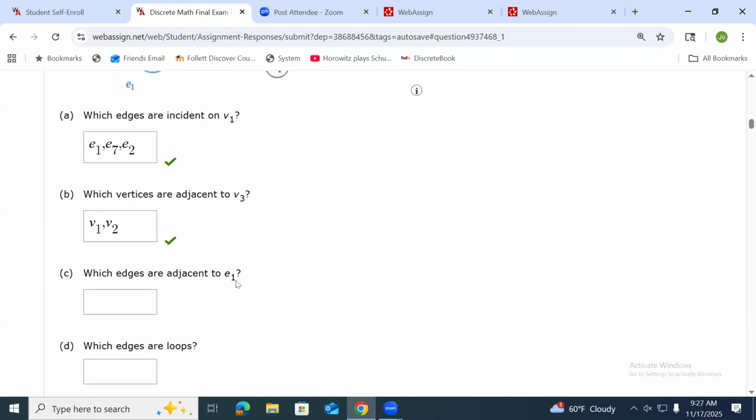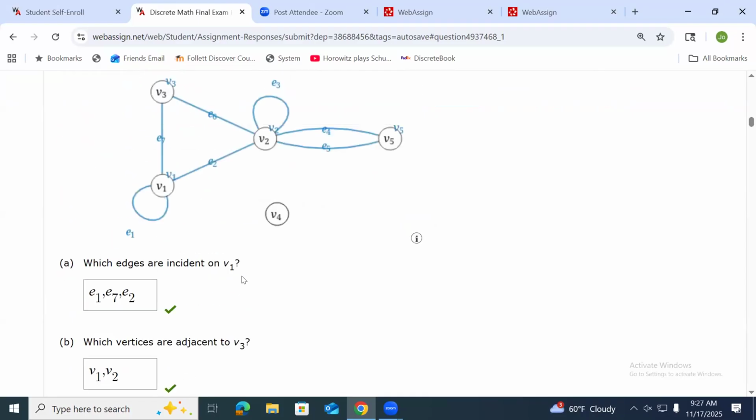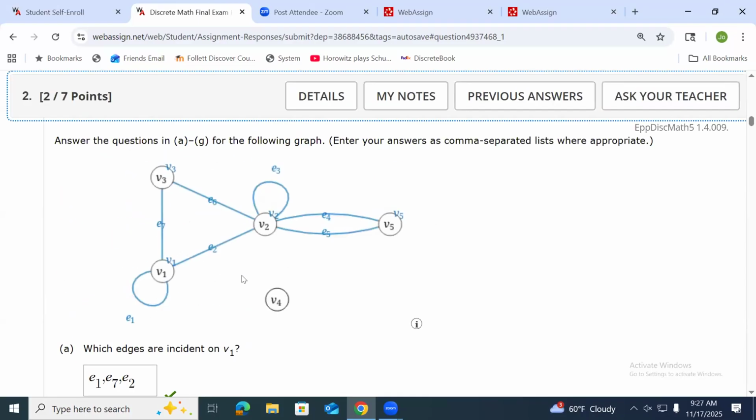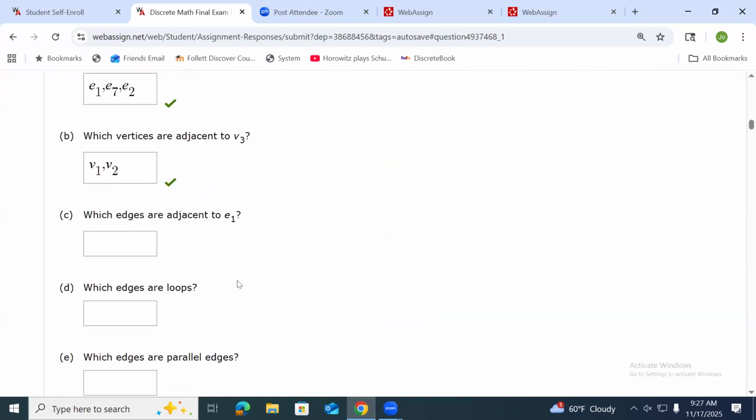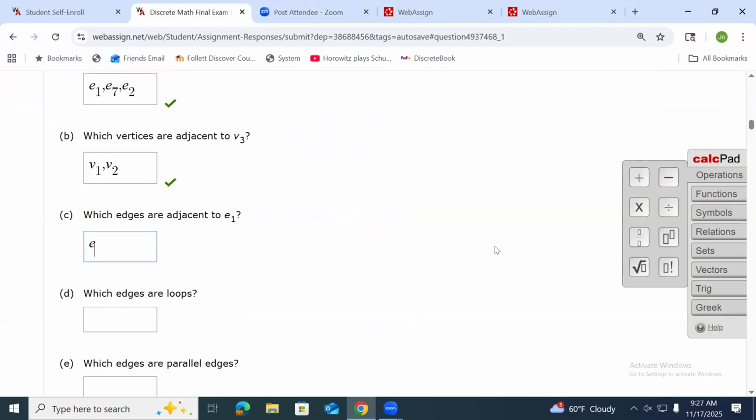Here's E1 touching this corner. Edge 2 is adjacent to that, and edge 7 is adjacent to that. So E2, comma, E7.